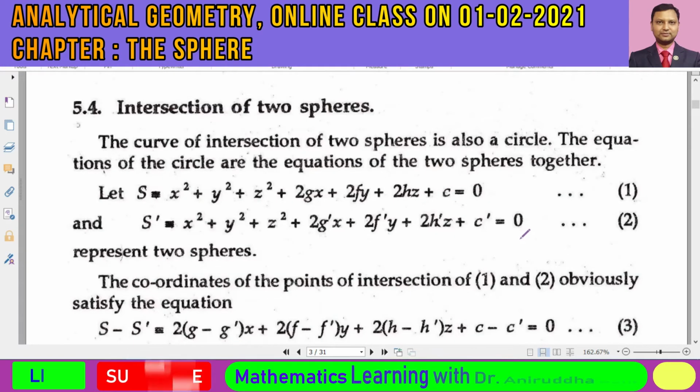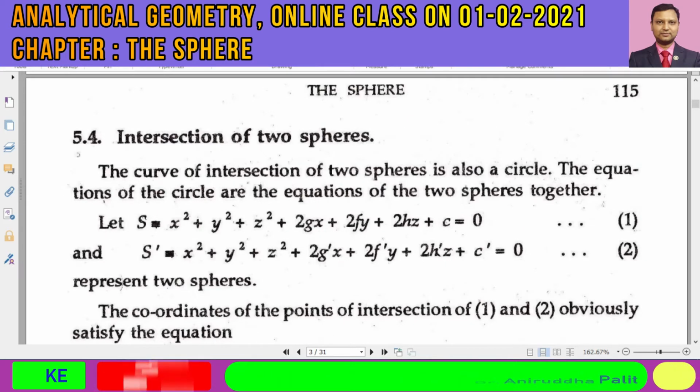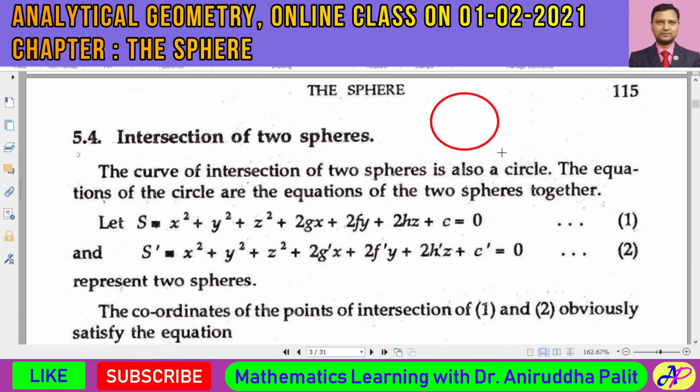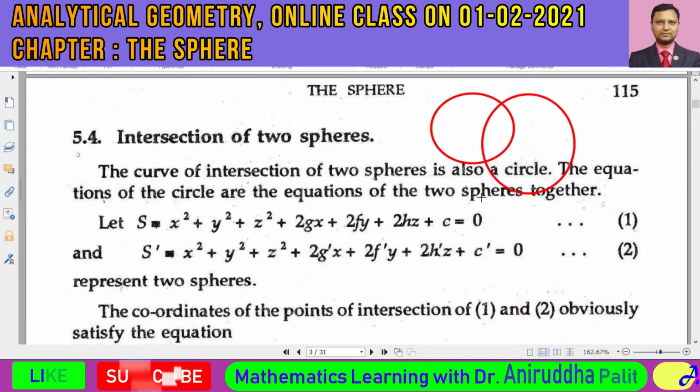Now let us consider the intersection of two spheres. Let's draw one sphere. This is suppose one sphere, and this is suppose another sphere, which might be a bit larger.